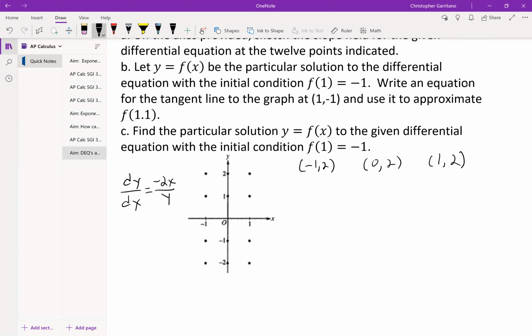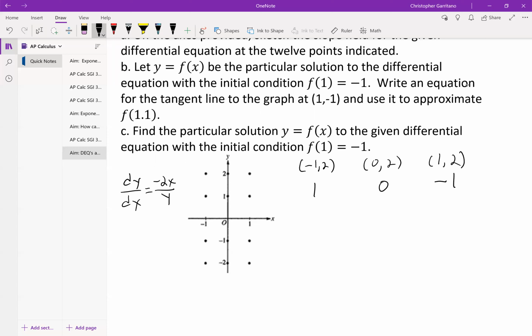So when I plug x equals negative 1 and y equals 2 into the differential equation, I get 1. When I plug 0, 2 into the differential equation, I get 0. And when I plug 1, 2 into the differential equation, I get negative 1. So I use that information on the graph to draw the slopes.